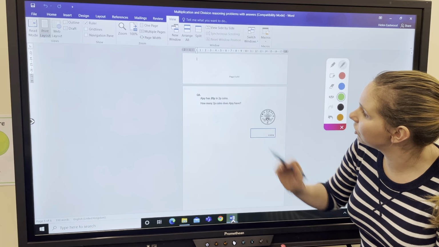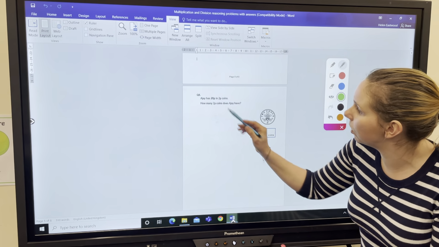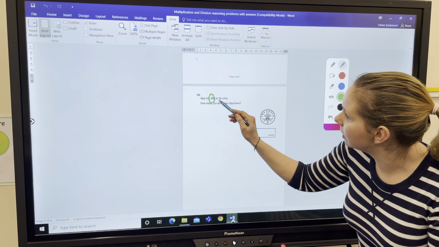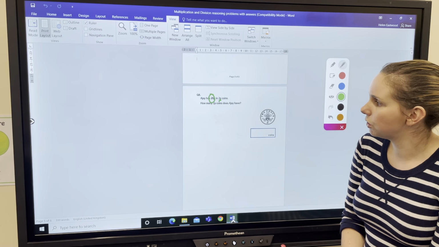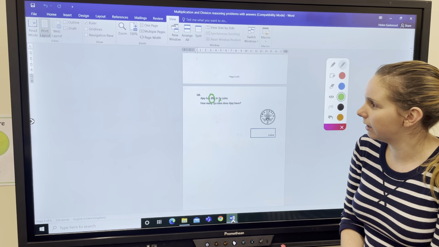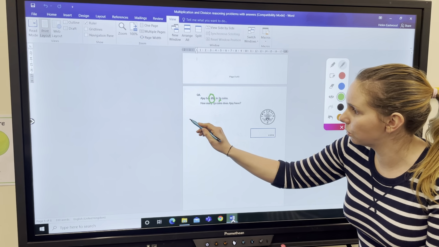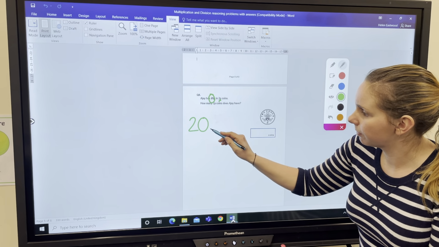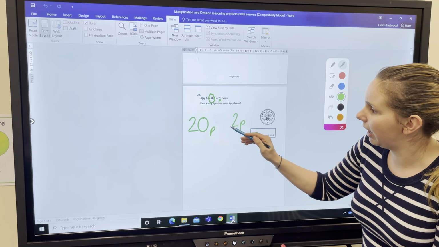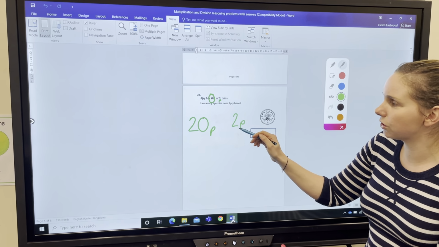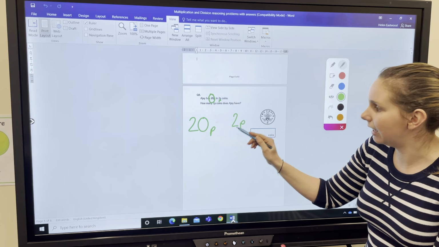Question 8, Ajay has 20p in 2p coins. So he's got 20p in 2p coins. How many 2p coins does Ajay have? So 20p in 2p. So he's got 20 and we know we have 2p coins. Now, I've not got 20 lots of 2, I've got 20 in 2p's.